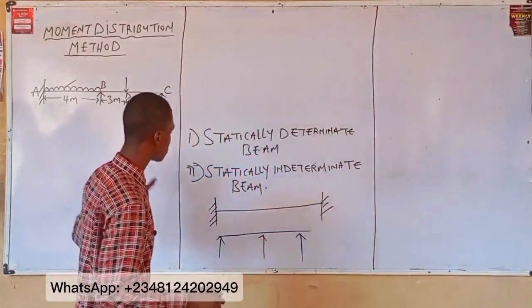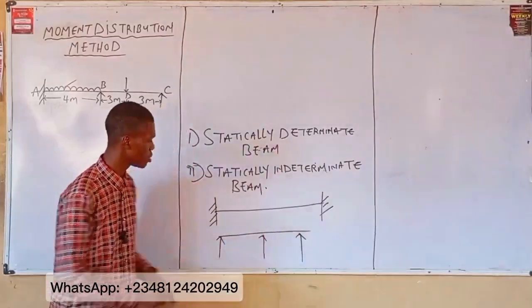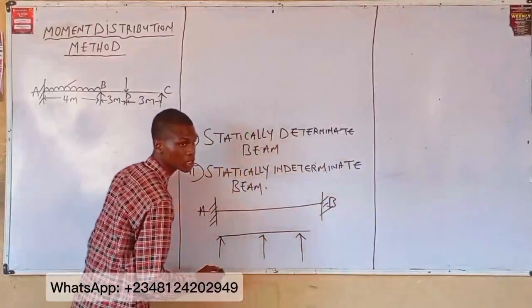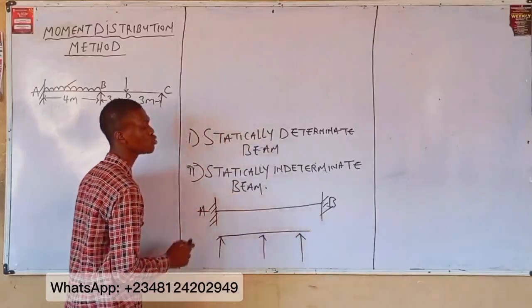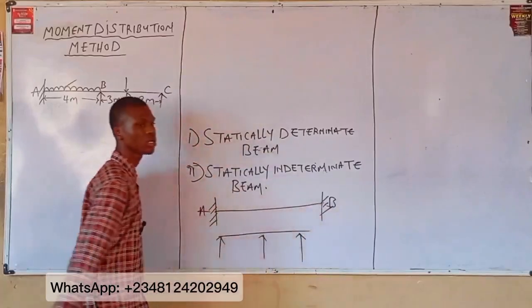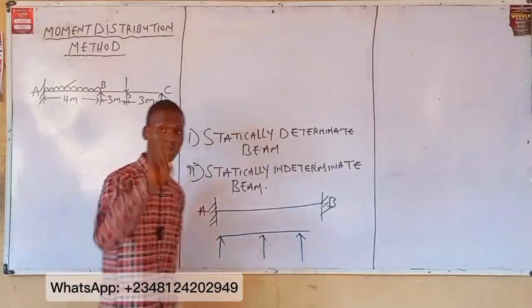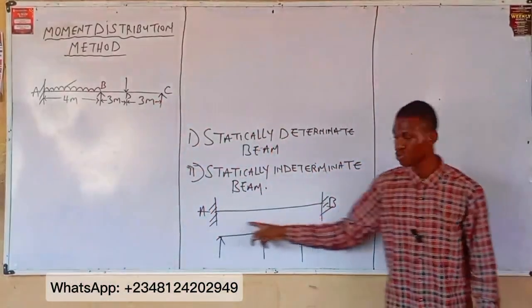Before we proceed, I'm going to use a fixed beam to explain. Say this is A, this is B. The question says to draw the shear force and bending moment diagram of this fixed beam. You are going to draw two bending moments.